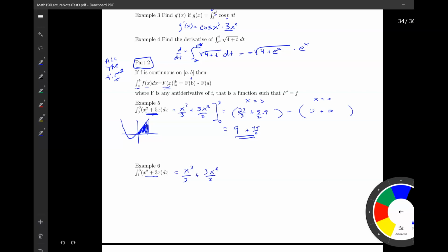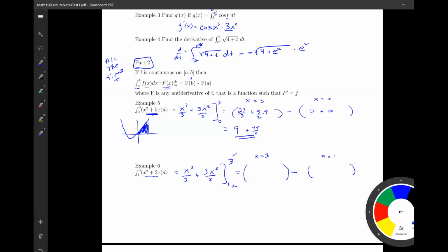3x squared over 2 from 1 to 3. So you put this bar, you don't write the integral sign after you've taken the antiderivative. So now be careful, I've got two things here, and I'm going to subtract off plugging in x equals 1. So first plug in the top limit of x equals 3, then subtract off plugging in the bottom limit of x equals 1.